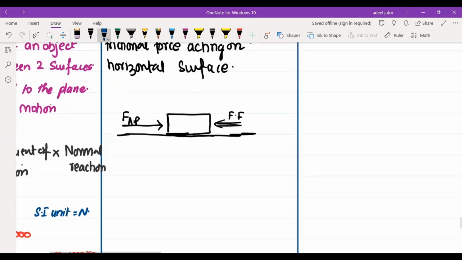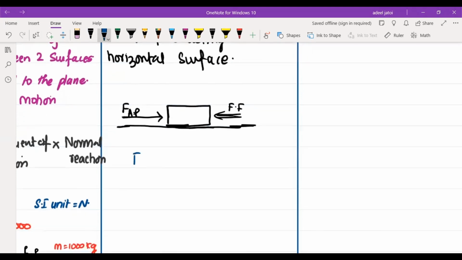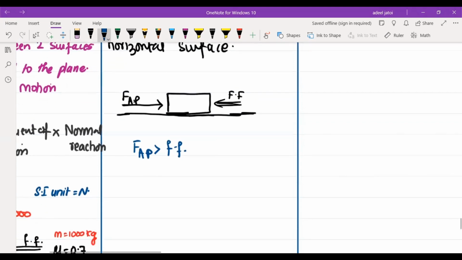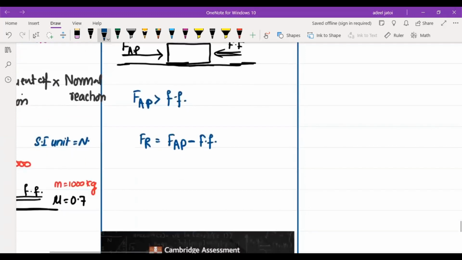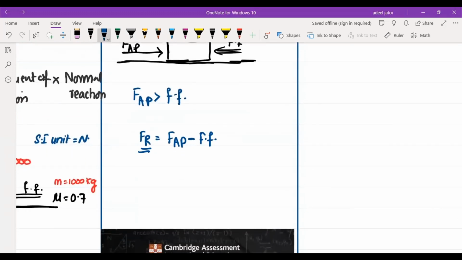So let's say that your applied force is greater than your frictional force. So the resultant force is the applied force minus the frictional force. And force resultant is basically what?